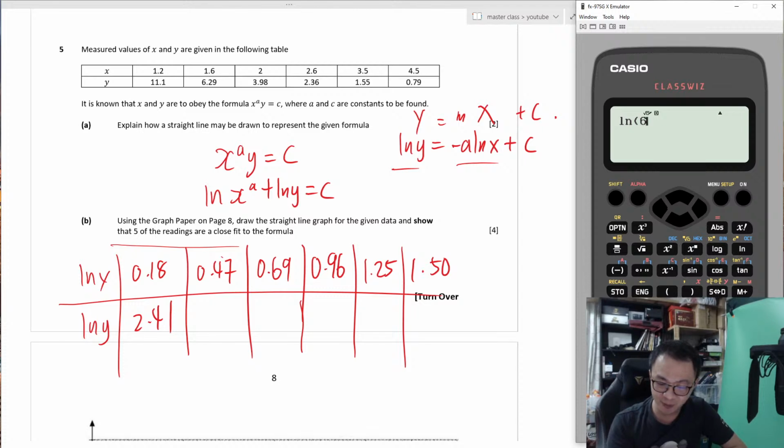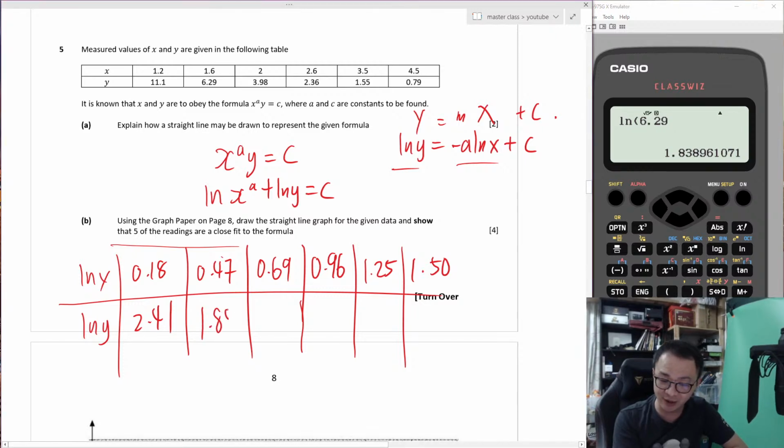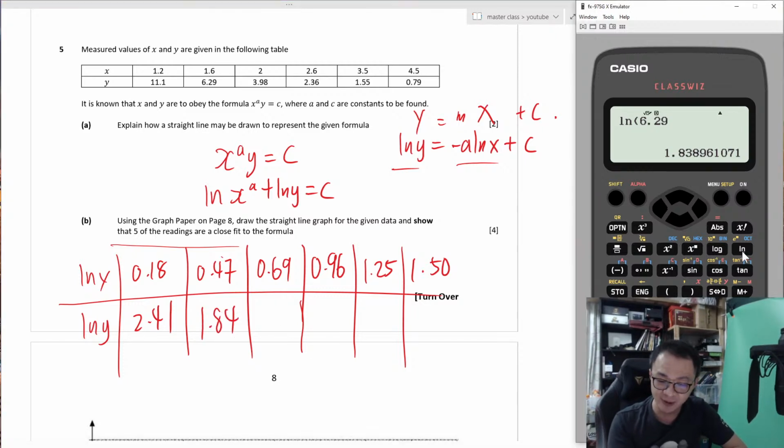ln 6.29. Yeah, if you use the log, you will still get a straight line graph, but your value will be slightly different from mine. Both should be good.